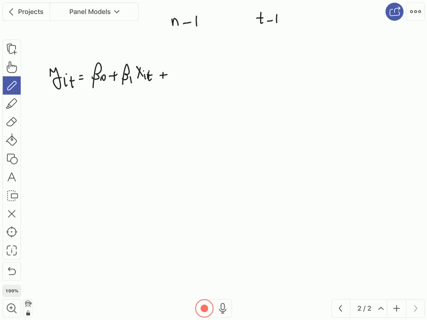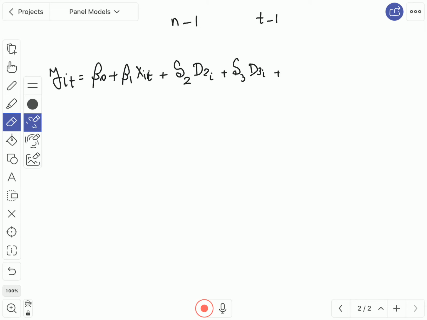So we're going to start with, let me call this one delta 2 D2i plus delta 3 D3i and so on. Okay, actually I'm going to change this to another letter, and then we're going to add the dummies for the time.